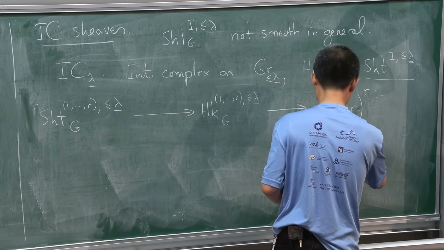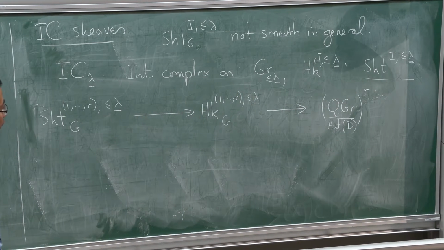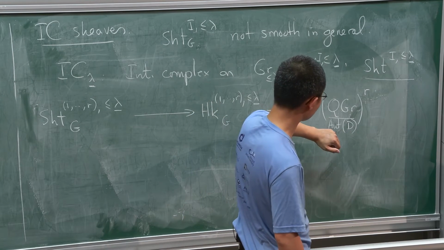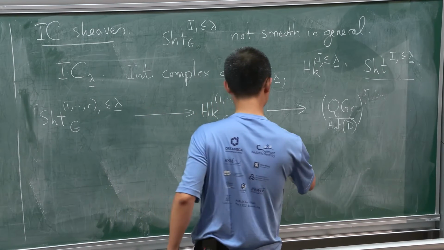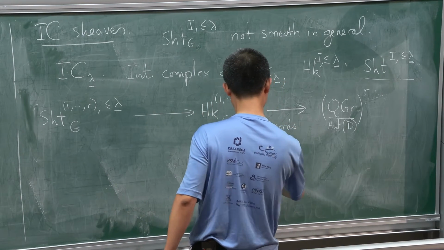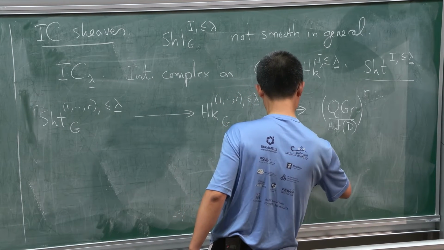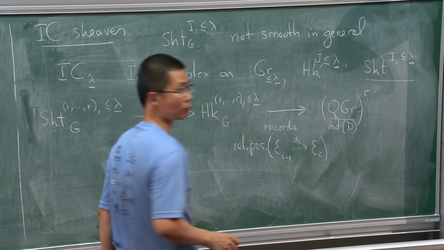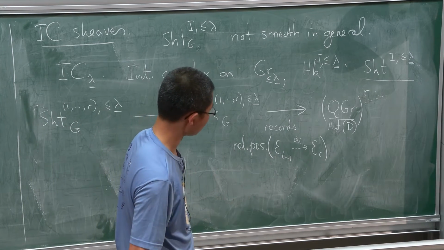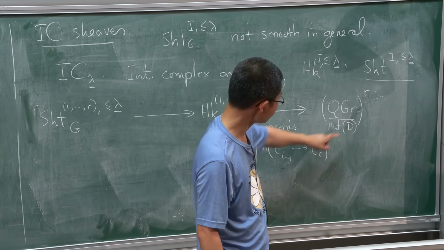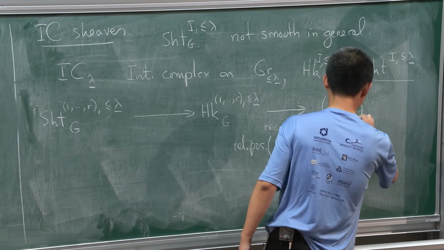Technically, I also need to divide by something like an automorphism group of the formal disk, but it doesn't affect the intersection cohomology complex. So this map records the relative position of E_{i-1} and E_i. So this ith step in the modification will give you a pair of lattices in the case of GL_N. The relative position of those two lattices will give you a point here. And this is less than or equal to lambda.